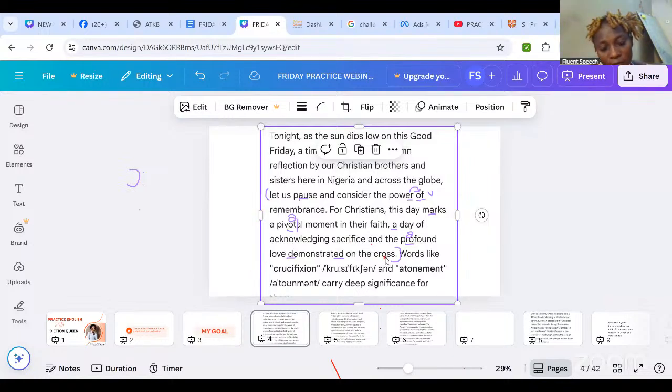on the cross. Okay, so I'll call 5 more people and then would have to proceed to those in the academy. So I have Ramotu. Ramotu, please unmute. Good evening. Ramotu, are you here? Good evening.